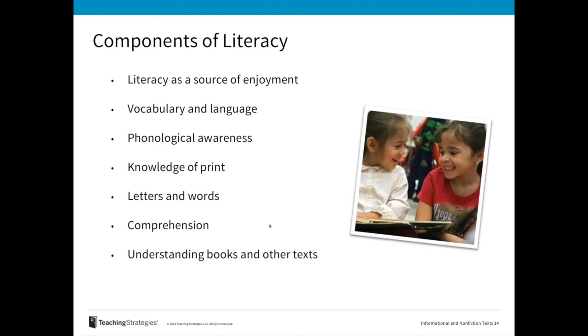But while nonfiction texts still absolutely touch on all of these components in the ways that we addressed in our conversation last month, nonfiction also brings some unique advantages to some of these components of literacy. So for instance, research tells us that oftentimes young boys prefer informational texts and will actually engage and sustain interest longer in books that provide nonfiction and informational information.